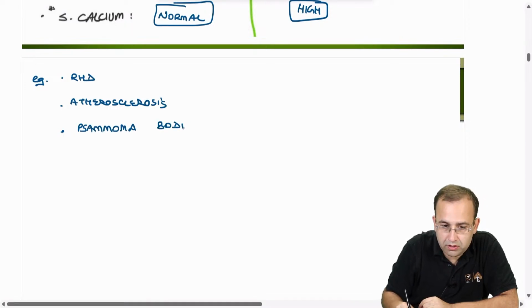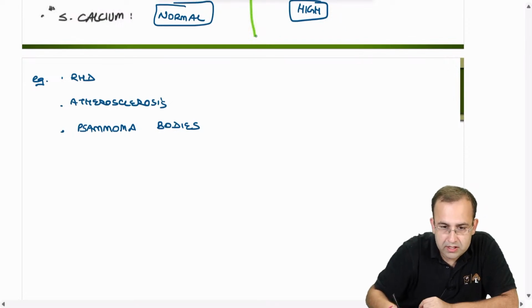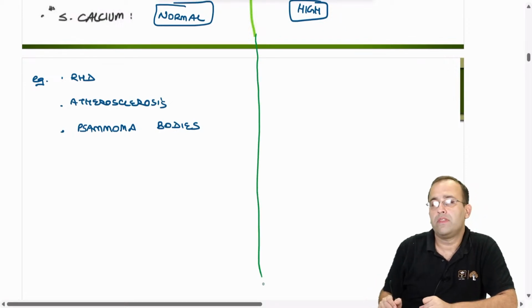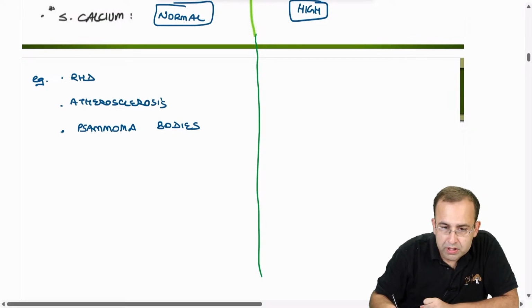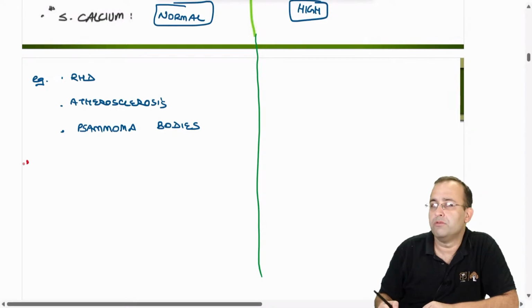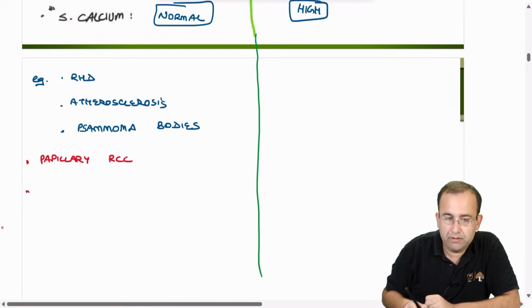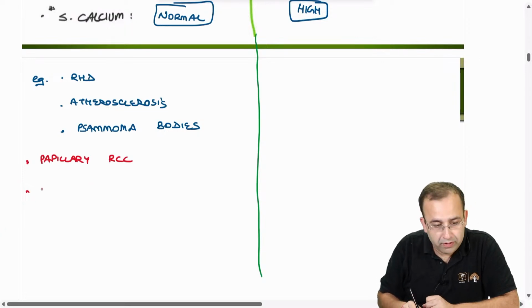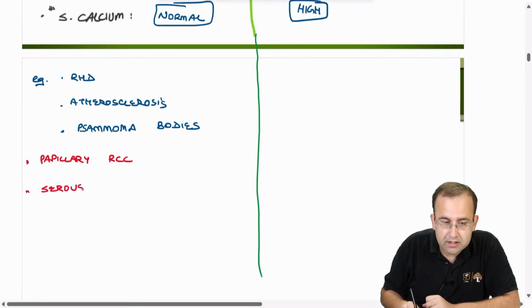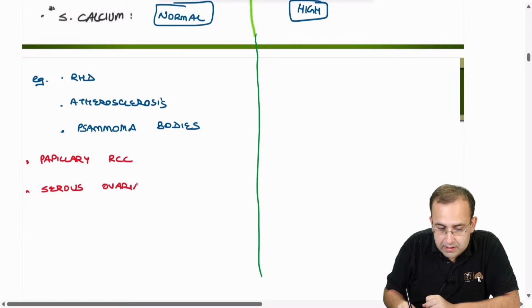Calcification associated with tumors is called psammoma bodies. Which are the tumors associated with psammoma bodies? Papillary RCC, that is papillary renal cell carcinoma. Which ovarian tumor? Serous ovarian tumors.